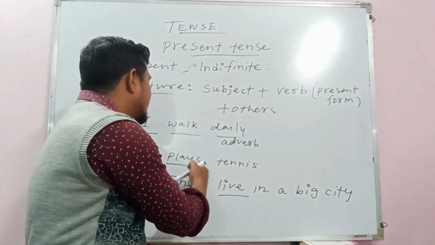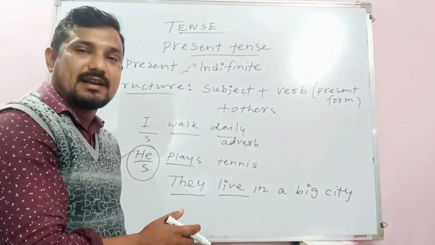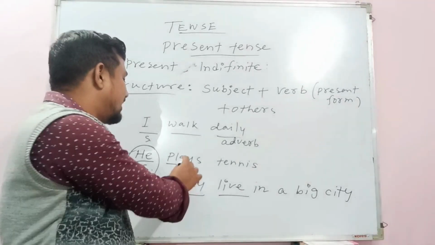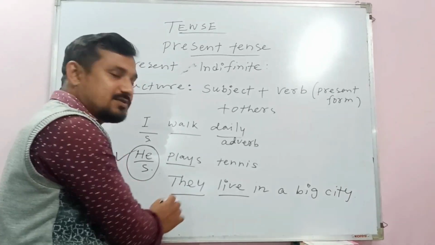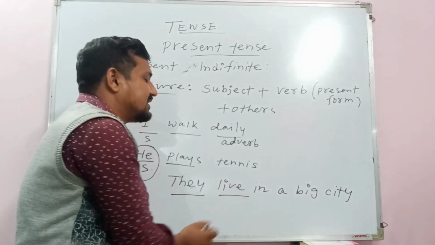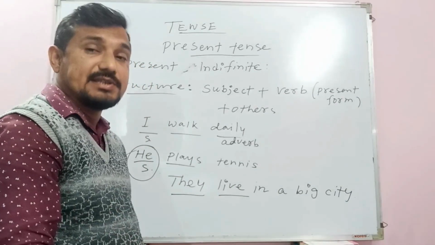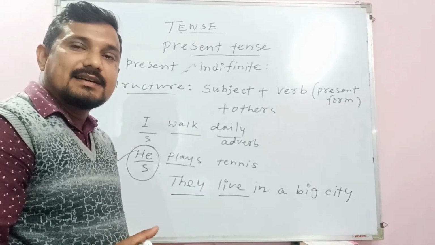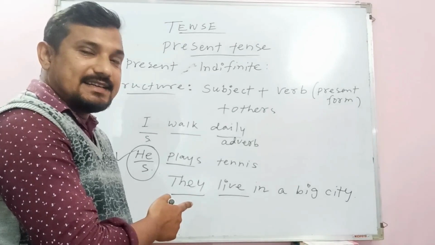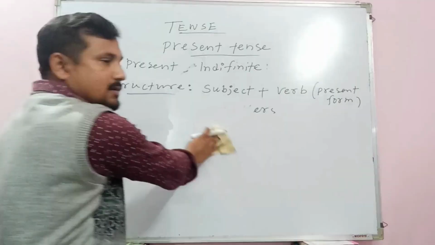So our condition is that the subject must be third person and also in singular number if we need to add s or es with the verb. Here the subject is third person but not in singular number, so there is no need to add s or es with the main verb. In the third sentence, they live in a big city, their normal condition or positioning is indicated by the subject, so it is also in present tense.